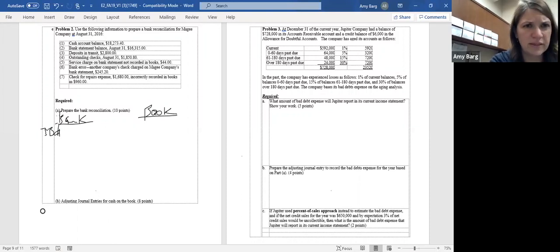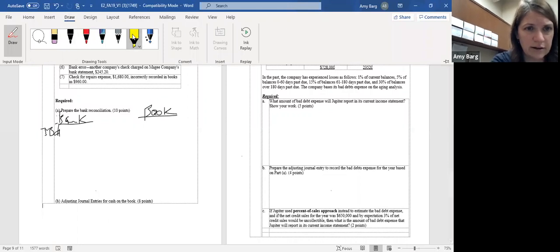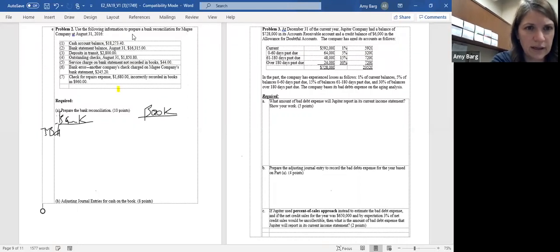Okay, sorry about that. All right, so the cash account balance, the cash account is in your book. So this 18,273 that we see here, because they give us all this information, is a book account. The bank statement balance, that's not a book account.